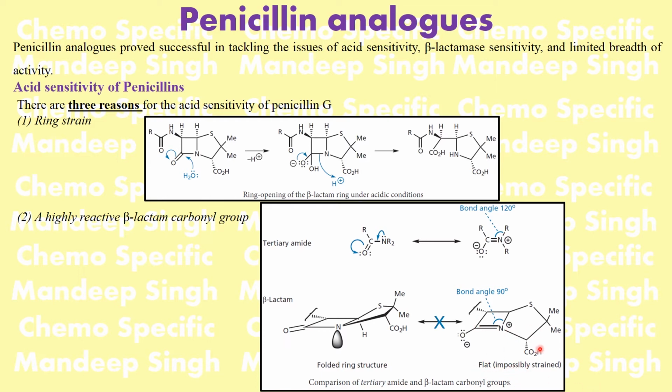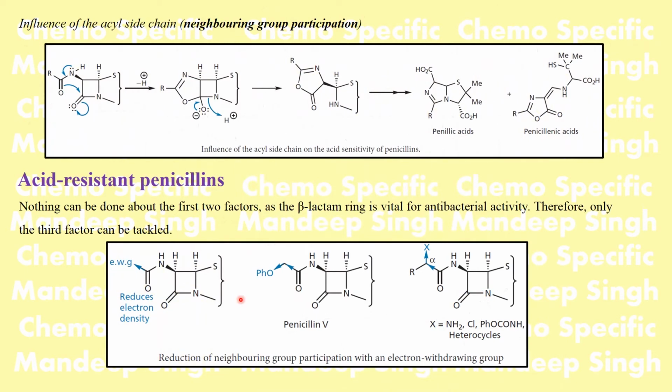It just cannot become flat. This type of structure is going to be impossibly strained. That's just not possible, as a result of which the carbonyl of the beta lactam behaves like a carbonyl rather than an amide bond. That is the reason why it just gets open very quickly.